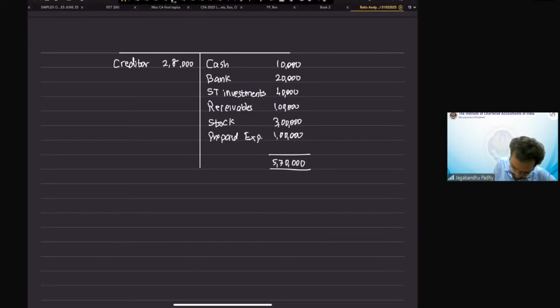So now current liability is 2,85,000 and current asset is 5,70,000. So what is the current ratio over here? What is the amount of current ratio over here?